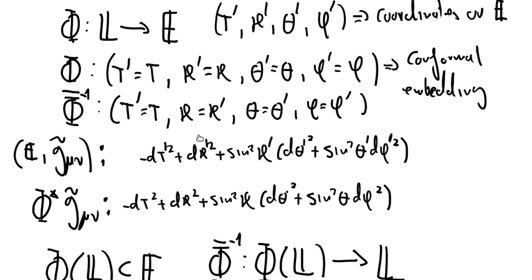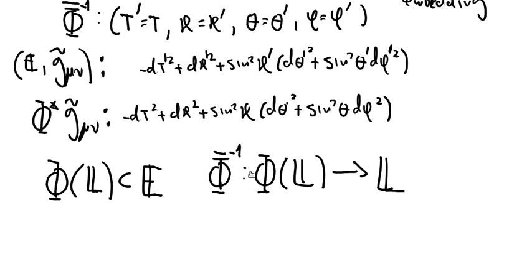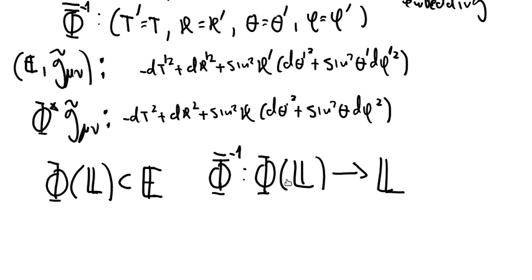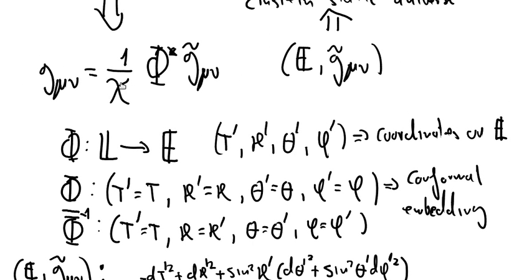And you will see in a minute why I'm saying that the image of phi is a subset of the Einstein static universe. And to see that, we need to follow what we explained in the first lecture, and we need to study the zero set of chi.